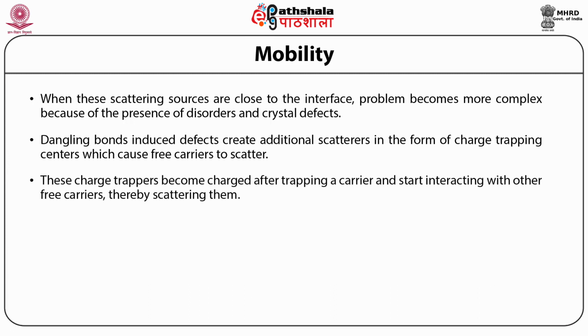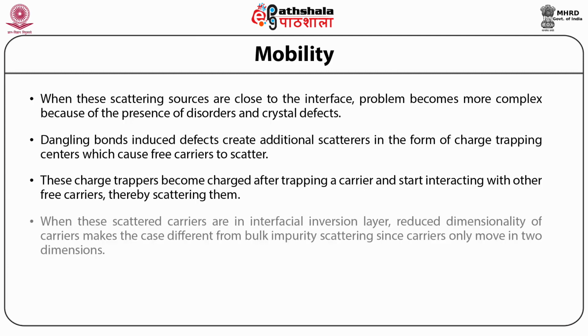These charge traps become charged after trapping a carrier and start interacting with other free carriers, thereby scattering them. When these scattered carriers are in the interfacial inversion layer, reduced dimensionality of carriers makes the case different from bulk impurity scattering, since carriers only move in two dimensions.